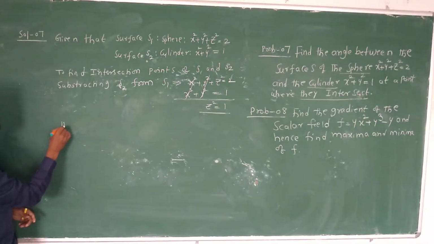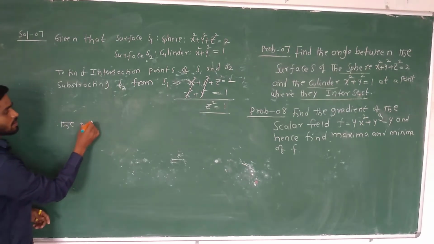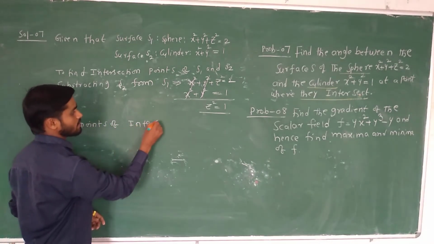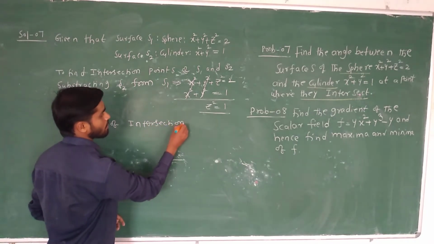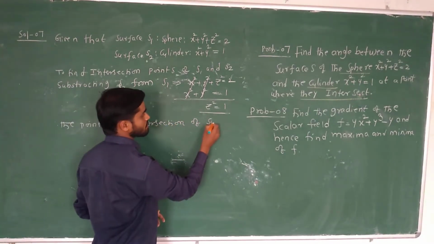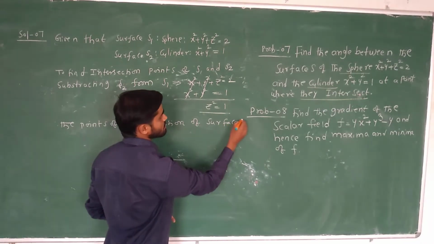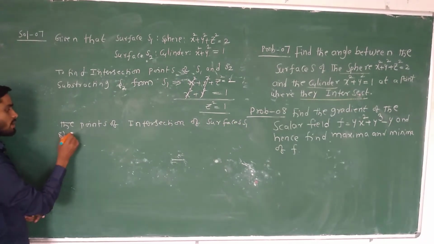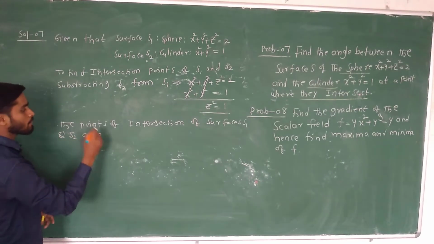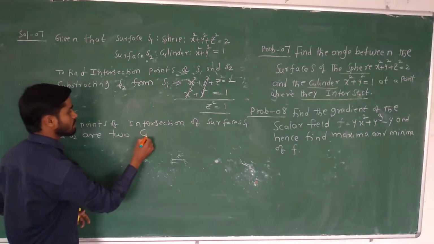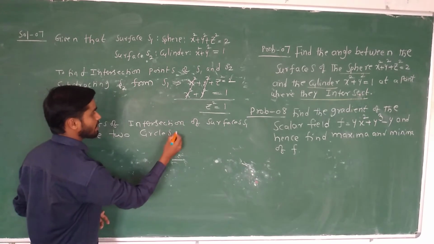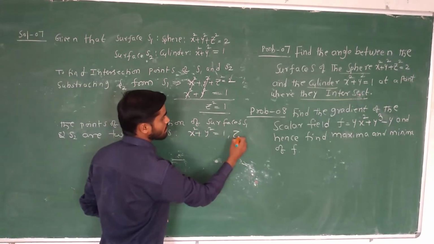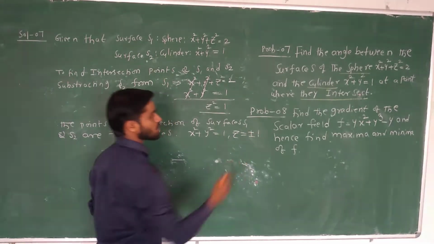Therefore, the points of intersection of surfaces S1 and S2 are two circles, that is, x square plus y square is equal to 1, z is equal to plus or minus 1.